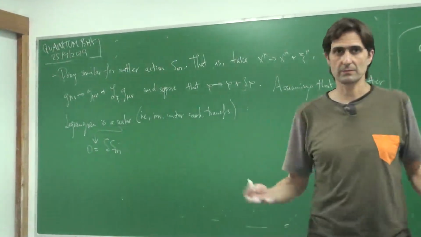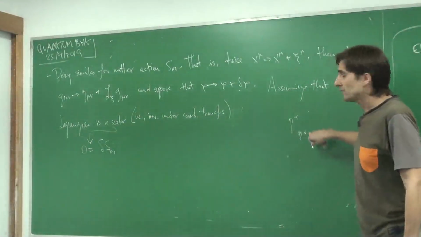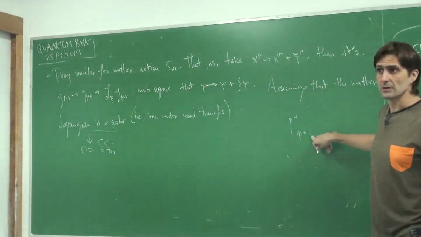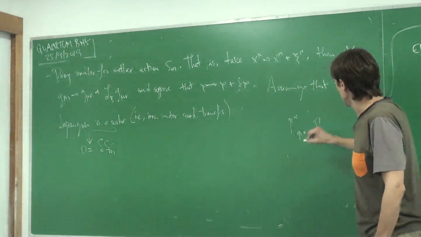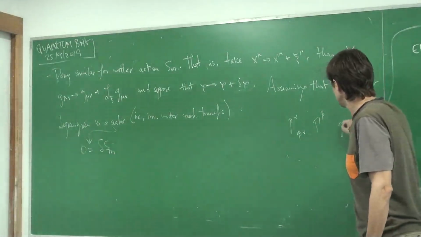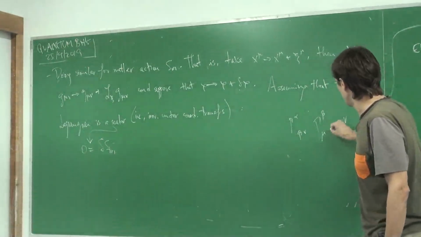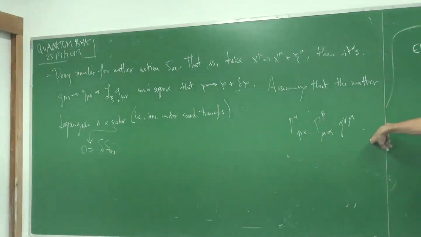Okay, gamma is not a tensor. It has indices, but they're not tensorial indices. You can construct something which does not have free indices from this, like gamma with beta and g mu alpha, where all the indices are contracted.